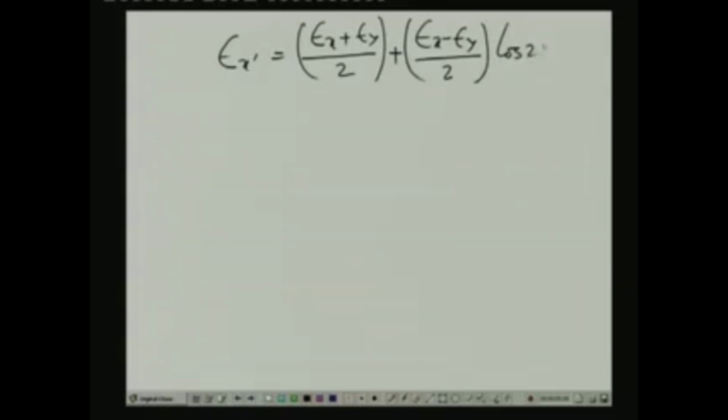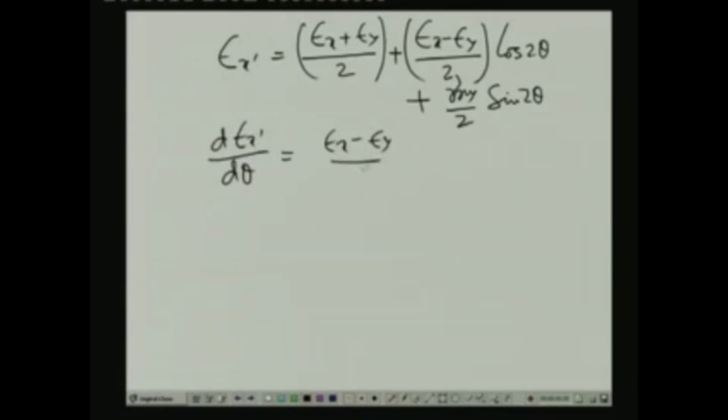Now, epsilon x dashed, as we have noted down, is equal to epsilon x plus epsilon y by 2 plus epsilon x minus epsilon y by 2 cos 2 theta plus gamma xy by 2 sin 2 theta. If we take the derivative of this with respect to theta, this is equal to epsilon x minus epsilon y by 2 times minus 2 sin 2 theta plus gamma xy by 2 cos 2 theta.